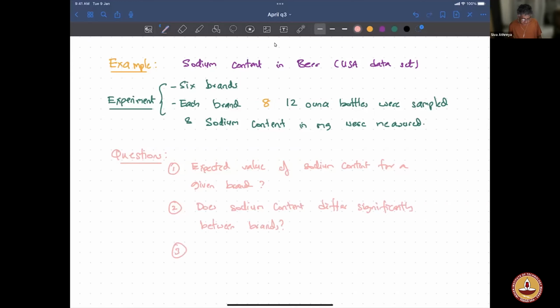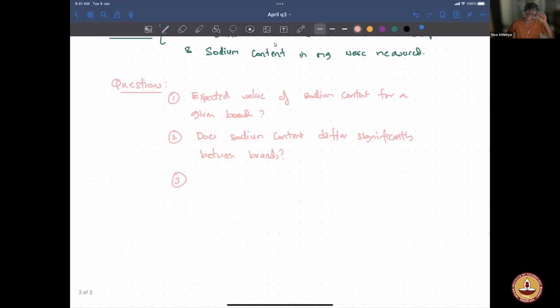The third question one can also ask is: in general, in beer, what's the expected value of sodium content?